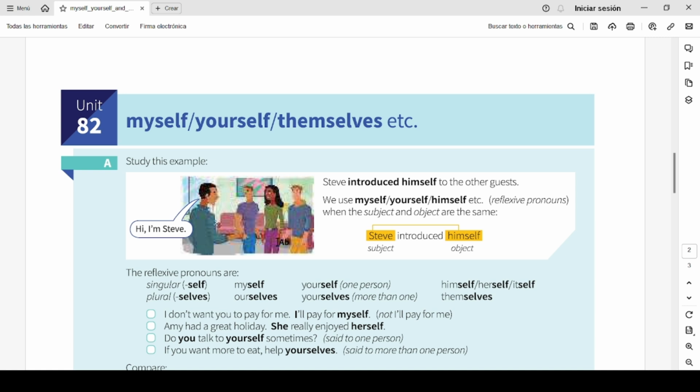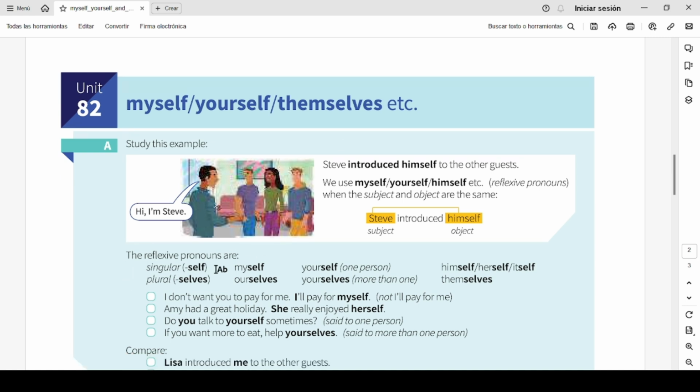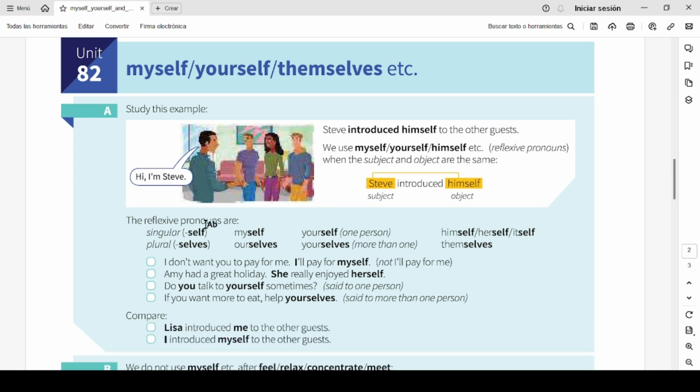That's exactly what I said. The reflexive pronouns for singular end in self, like myself, yourself, himself, herself, or itself. Check it out, it's one person. For plural, they end in selves: ourselves, yourselves, and themselves.